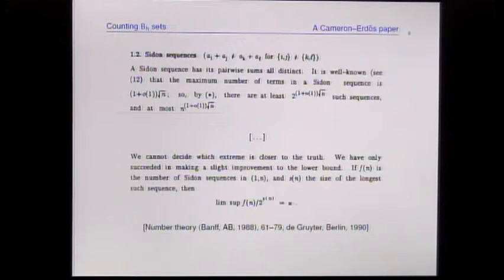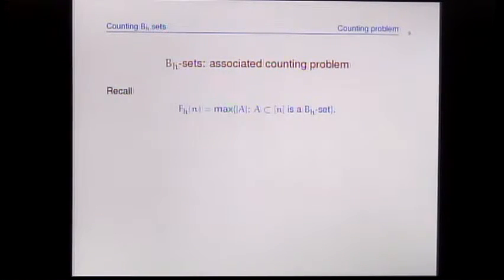So the lim sup of how many Sidon sets you have in brackets n divided by this obvious lower bound actually tends to infinity. So, Cameron and Erdős in the late 80s, early 90s. The paper was published in 1990.